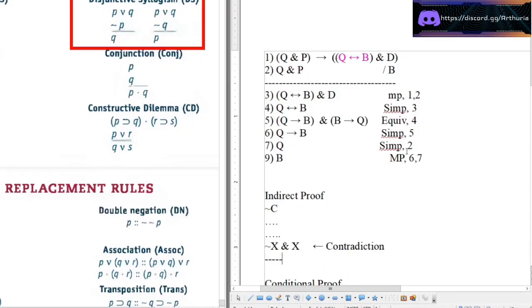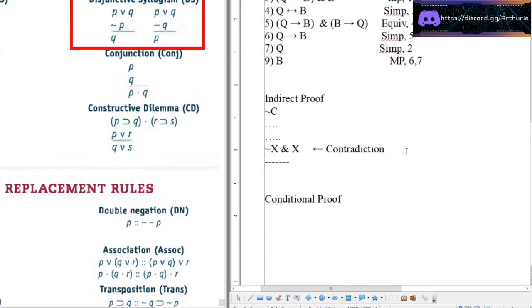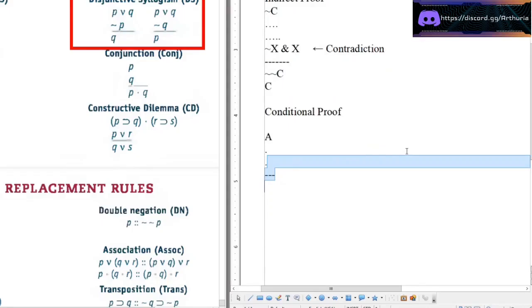And then your exit from this is going to be not C, which is then C. Conditional proof works much the same way, except you just assume something, you assume A, you do some derivations, and then we come out of it with if A is true, then X is true, where your last line here is X. So that's what we'll be learning next time.